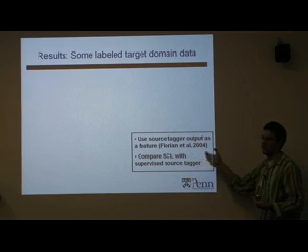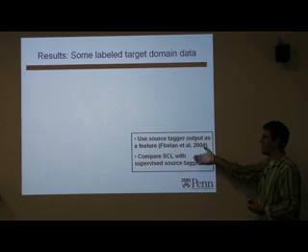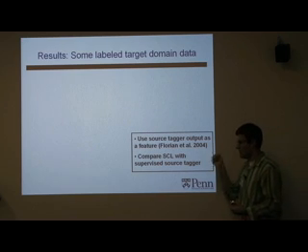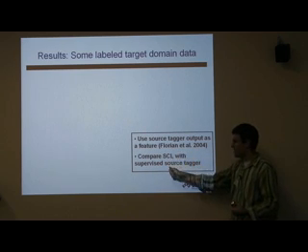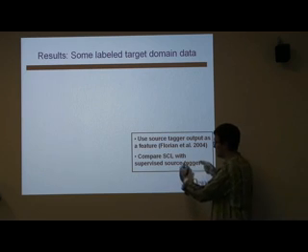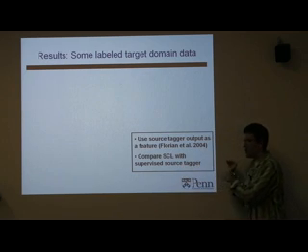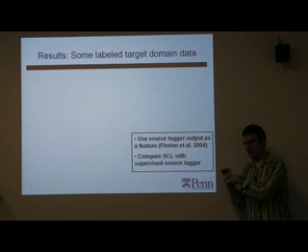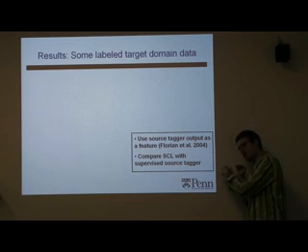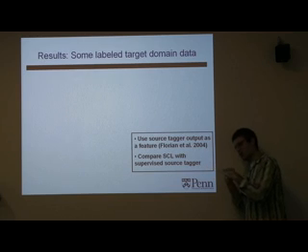This was advocated by Florian et al. at NAACL a couple, I guess 3 or 4 years ago. The idea here is, how are we going to compare SCL with a normal supervised tagger? We just want to train one of these taggers in the source domain and use it as a feature in the target domain and see how much improvement we can get.